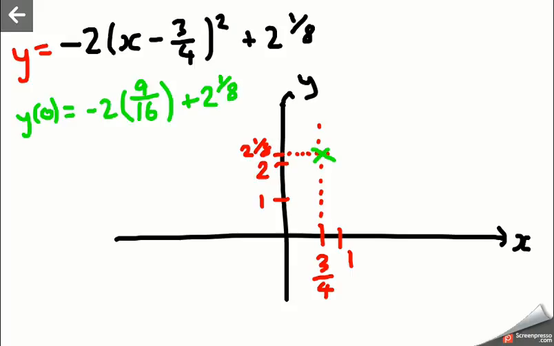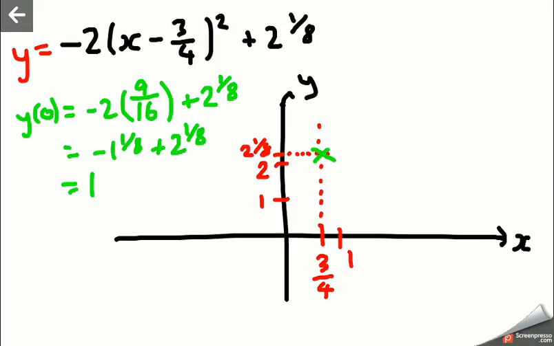So, well, negative 2 times 9 over 16, that's negative 9 over 8, or negative 1 and 1/8. Plus 2 and 1/8. And so 2 and 1/8 minus 1 and 1/8 has got to be just 1.